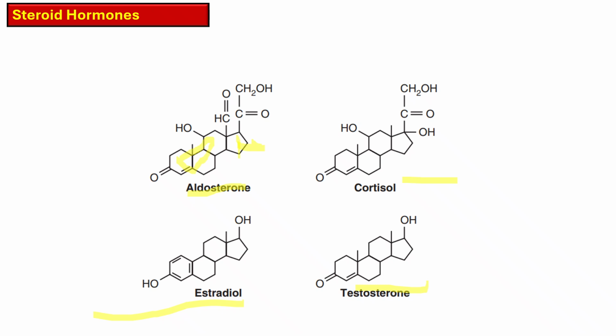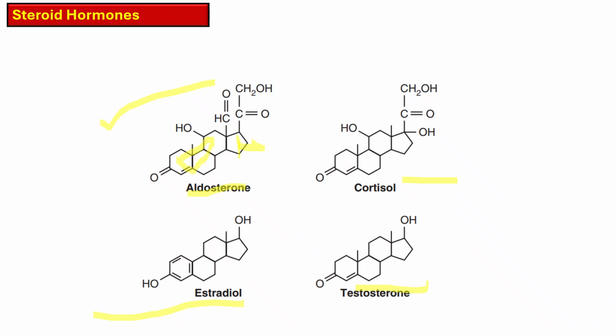The aldosterone is classified as mineralocorticoid and it is secreted by the zona glomerulosa of the adrenal cortex. Its function is to increase the sodium reabsorption and potassium excretion in the kidney, and also contribute to blood pressure regulation.